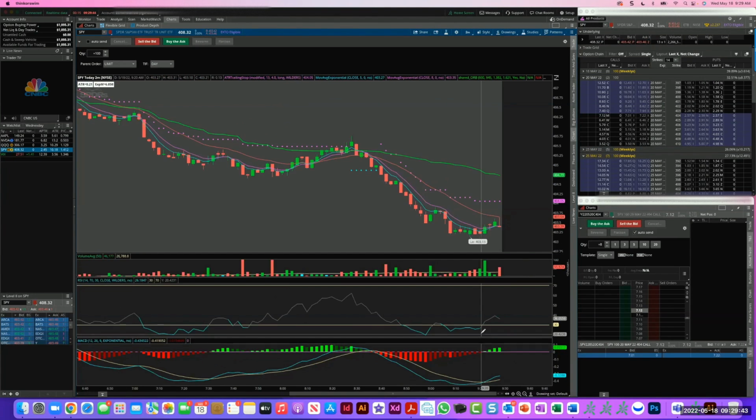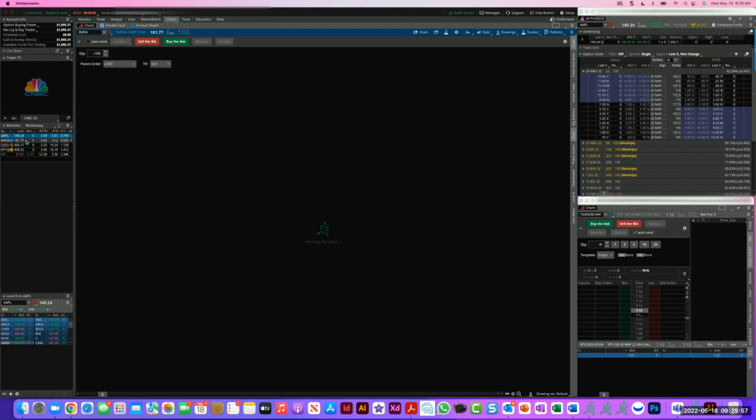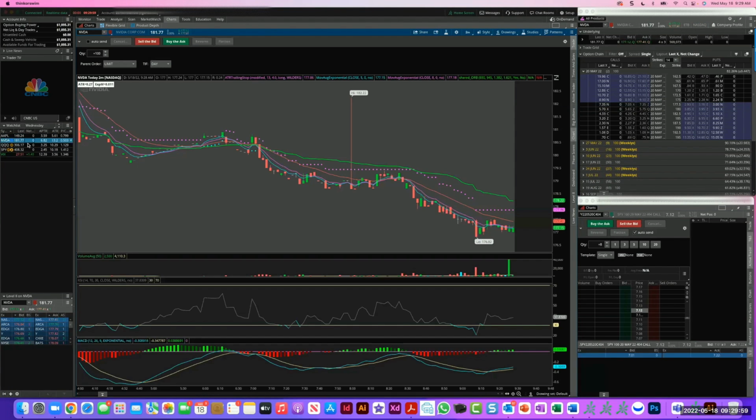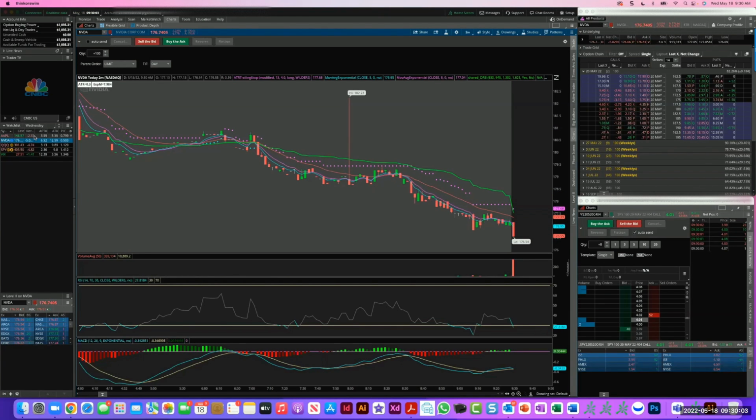And because we didn't get in here, we're going to wait. Ideally, this would have been the spot to get in. And I chose these 4 off of our list because they were oversold.